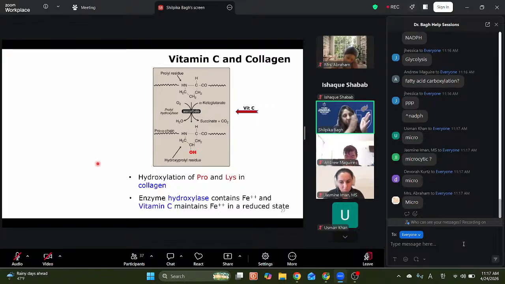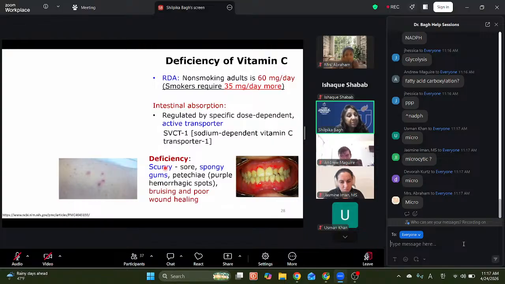So yes, collagen strong, absolutely wonderful, but the signs of scurvy, which is vitamin C deficiency, are not prolonged prothrombin time or easy bleeding and bruising. No, it's just superficial hemorrhage, bleeding gums, or poor wound healing, right? But don't forget the other roles of vitamin C, which are antioxidant and helping in iron absorption. That is why vitamin C deficiency may also lead to microcytic anemia, right?